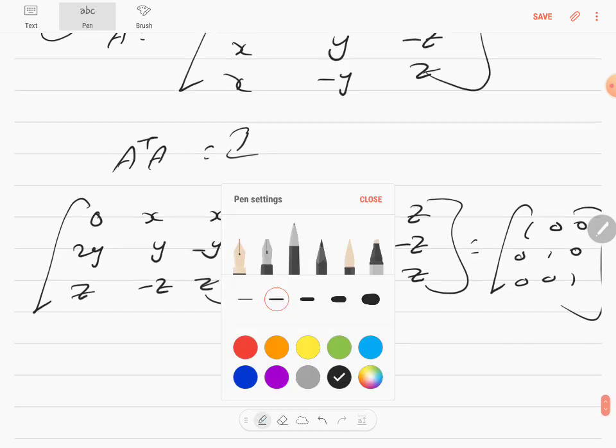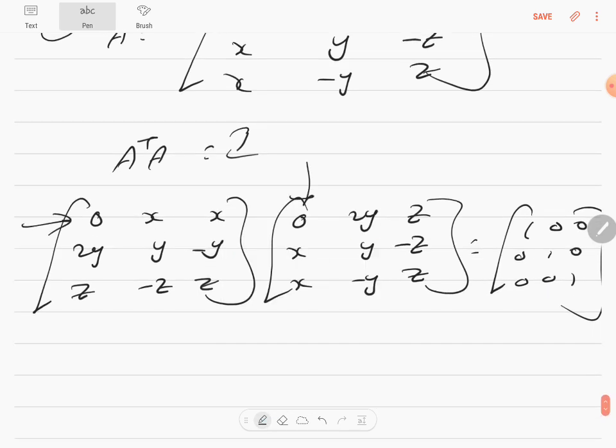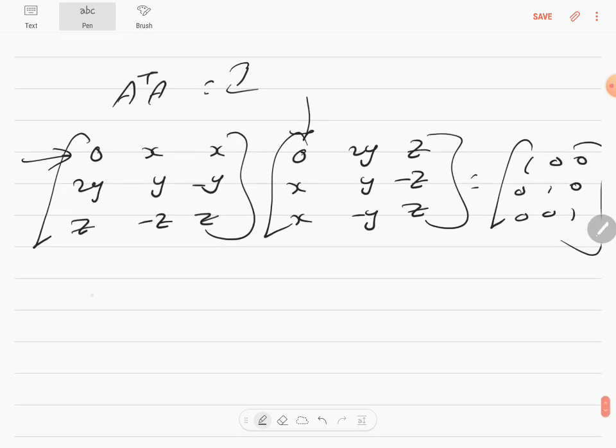We're going to do first row, first column, first row, second column, first row, third column. Like that you're going to multiply. 0 into 0 is 0 plus x square plus x square, so 2x square.